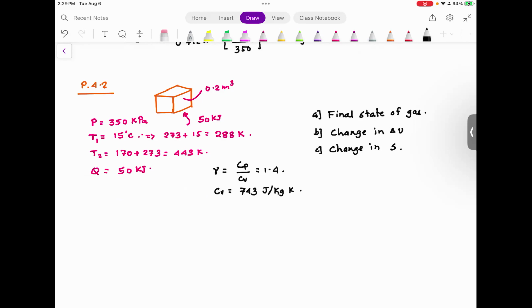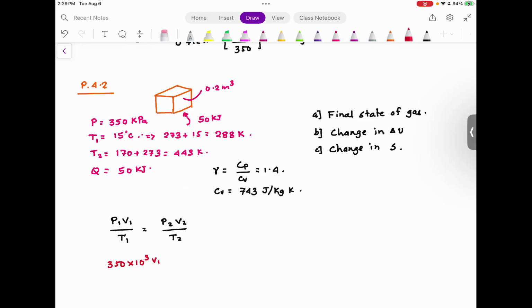Now what we want to do is use this information to find the final state of the gas. To find the final state of the gas, we need to know the temperature, the pressure, and the volume. For that, we can use the equation P1 V1 divided by T1 is equal to P2 V2 divided by T2. Initial pressure is 350 kilopascal.